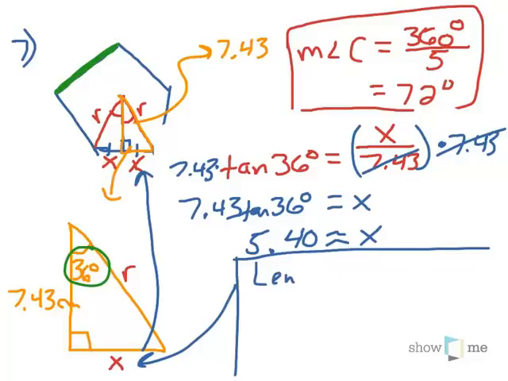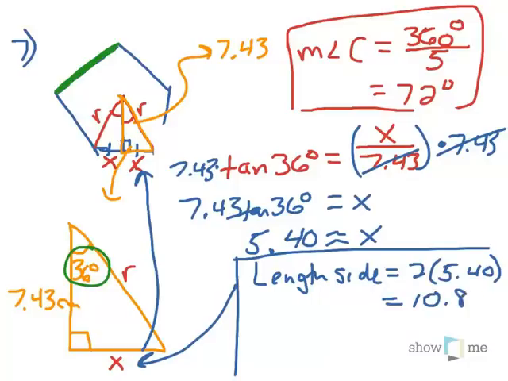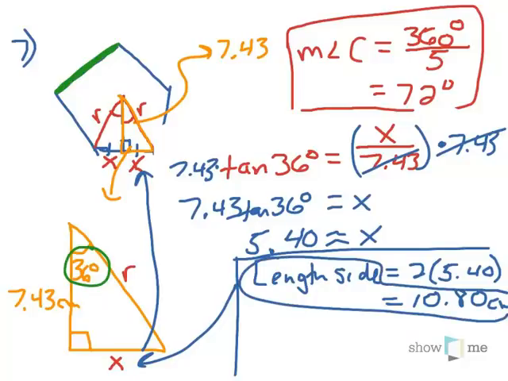The length of a side is going to be 2 times 5.40, which would be 10.80 centimeters. In the second part, find the length of the radius. Radius is the red and orange segments in this picture up above, which we found to be 9.18 centimeters.